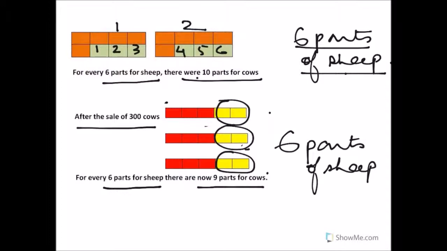So now we know that in the previous case, before the sale of cows, if there are 6 parts of sheep, there has to be 10 parts of cows. If there are 6 parts of sheep after the sale of 300 cows, there has to be 9 parts of cows.